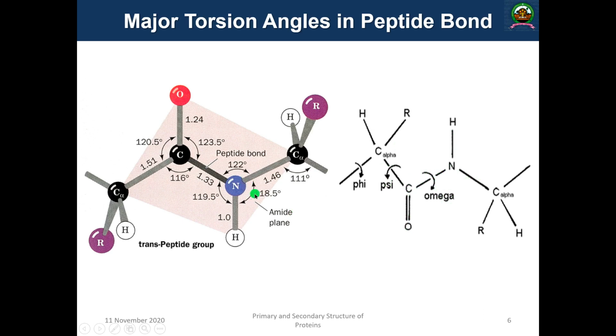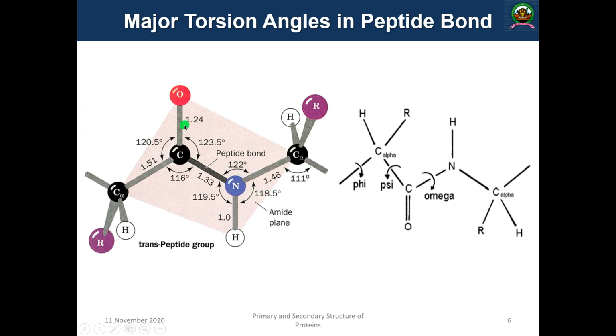Here you can see the bond lengths are 1.33, 1.46 and 1.51 as we have discussed, and the bond angles are 120.5 degrees, 123.5 degrees and 116 degrees, and here 122 degrees, 119.5 degrees and 118.5 degrees.